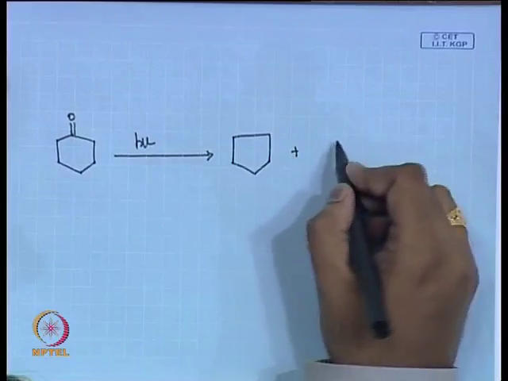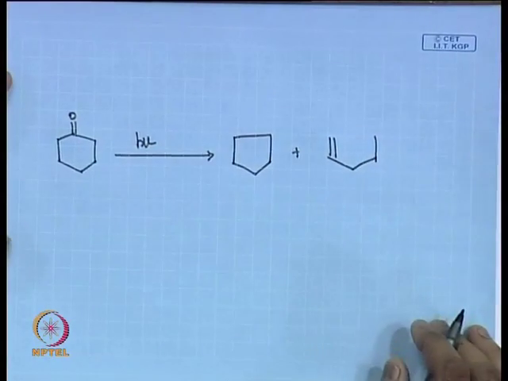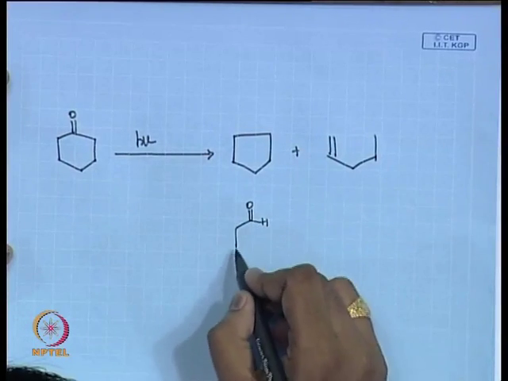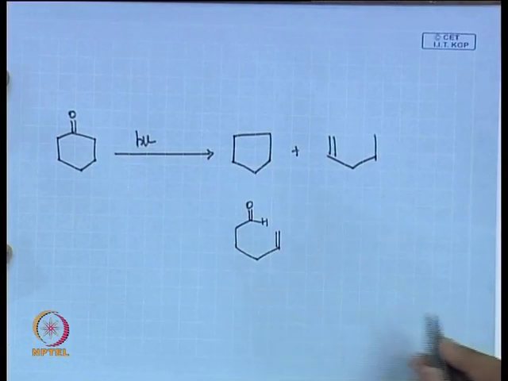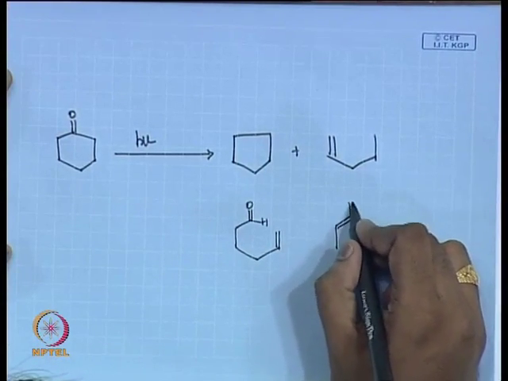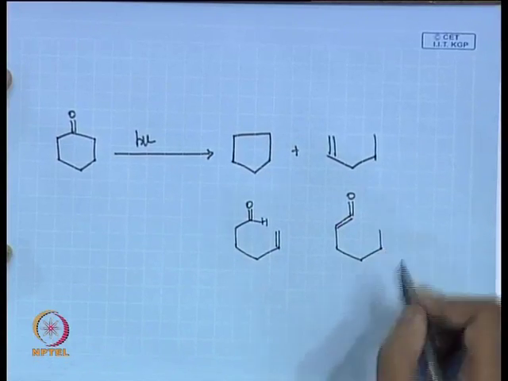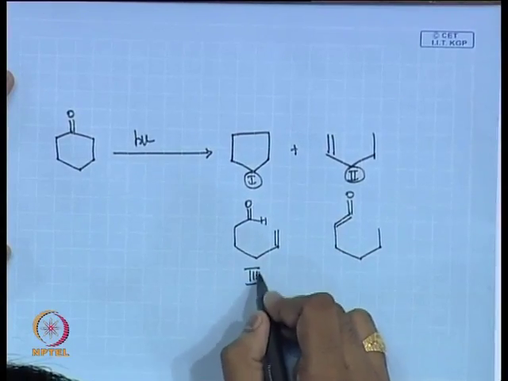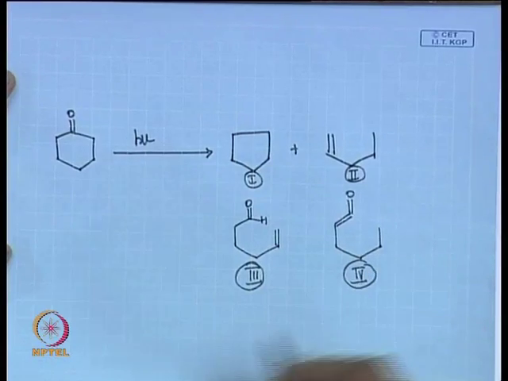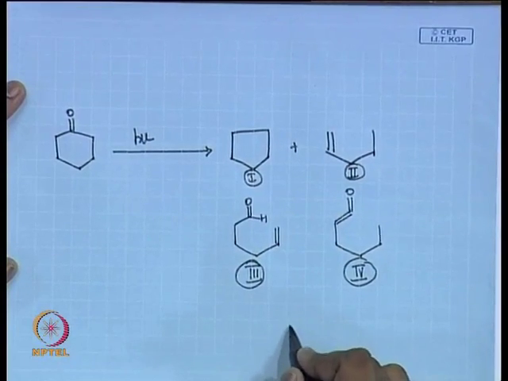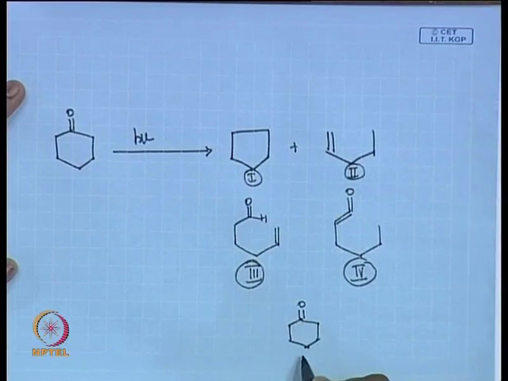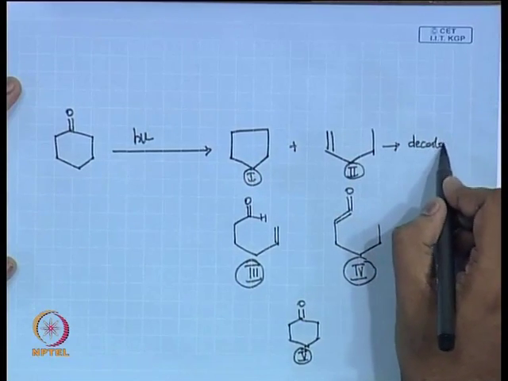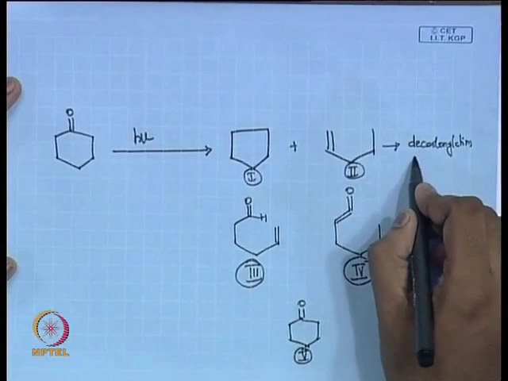So, you get the 1,5 diradical, plus you get the same product; since it is the same you are not writing it, but anyhow you should know that you get these two products by decarbonylation, that is from the 1,5 diradical.